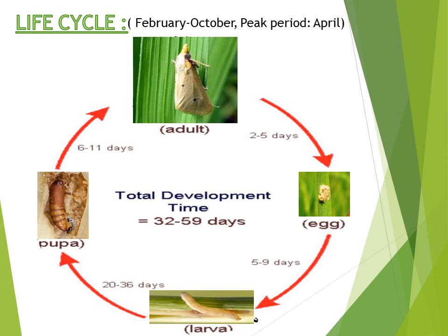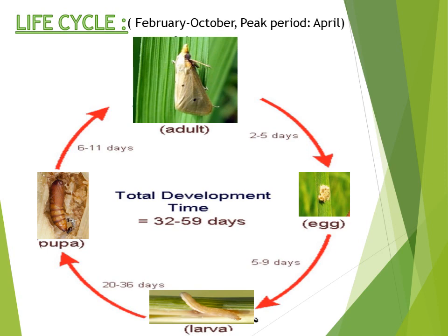The eggs are creamy white and flattened oval, resembling a hairy mass, and they hatch in around 5 to 10 days. Fecundity, that is the capability of a particular female to produce young ones, is 150 to 300 eggs per female.